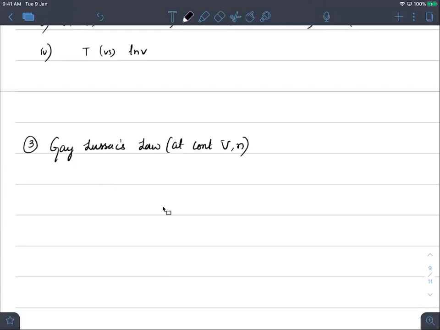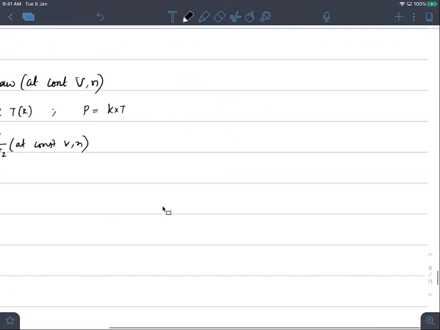At constant volume and number of moles, pressure is directly related to temperature in kelvins. Here P is equal to some constant into temperature. P1 by P2 is equal to T1 by T2 at constant volume and number of moles. This is Gay-Lussac's law. The graph would be similar to what we have learned in isobaric cases, which is pressure versus temperature. We'll get a straight line here.